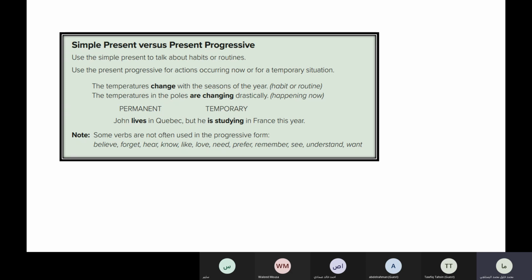It's fair to use the past simple tense. Look at the example.